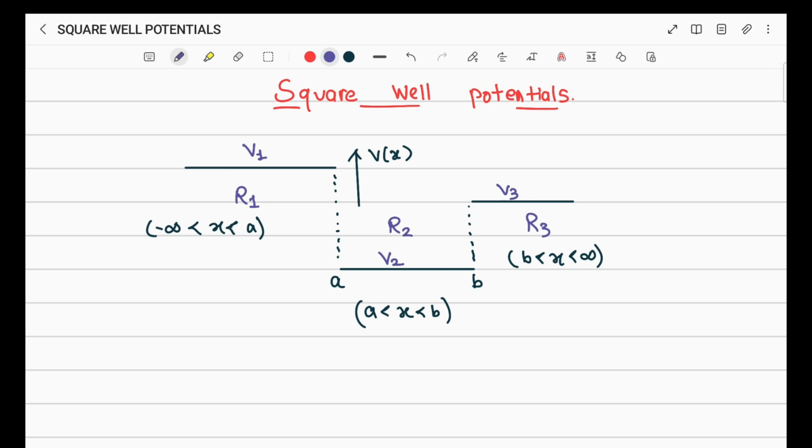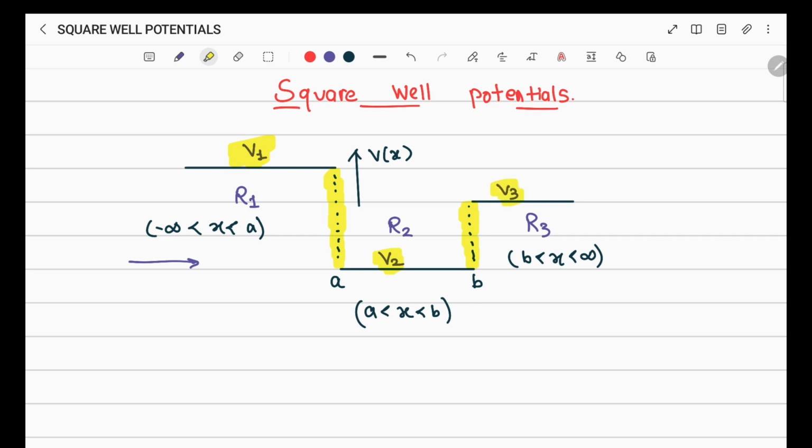What is happening is, as you move along one particular direction, you have one potential value, then you have a discontinuity, then you have another potential value in another region, then another discontinuity, and then another value.